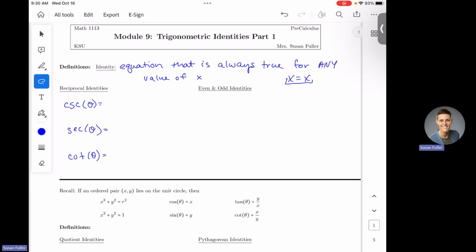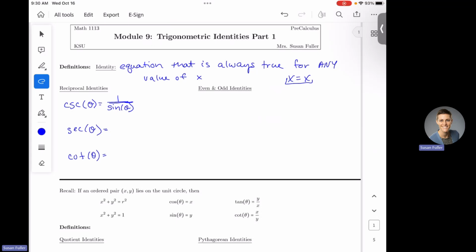We're just going to do it in a mathy way. The way that we write the reciprocal of sine is going to be 1 over sine of theta. That's just how we represent a reciprocal, right? Because if you divide by something, you're going to multiply by its reciprocal. So cosecant is the reciprocal of sine. This is how we write it mathematically.